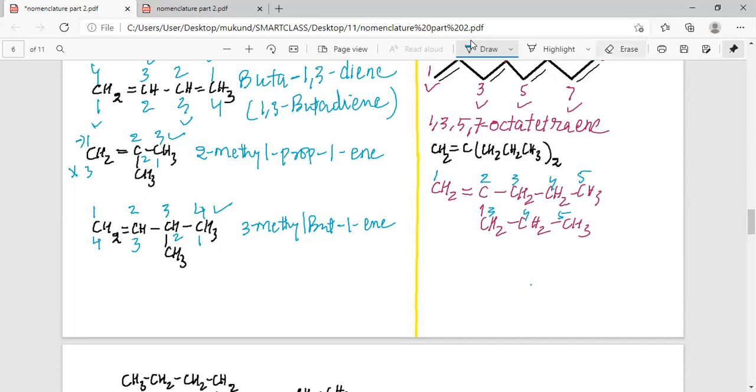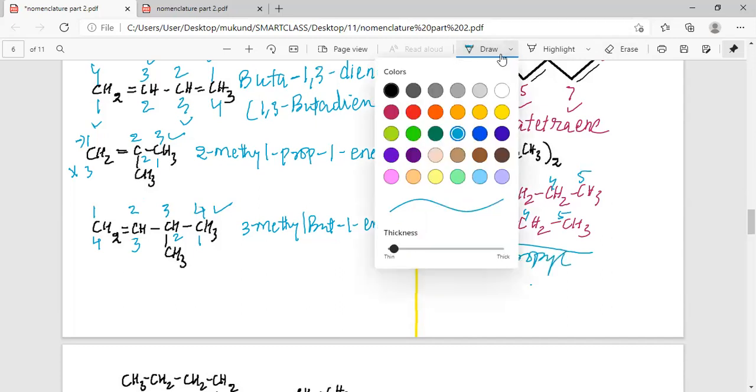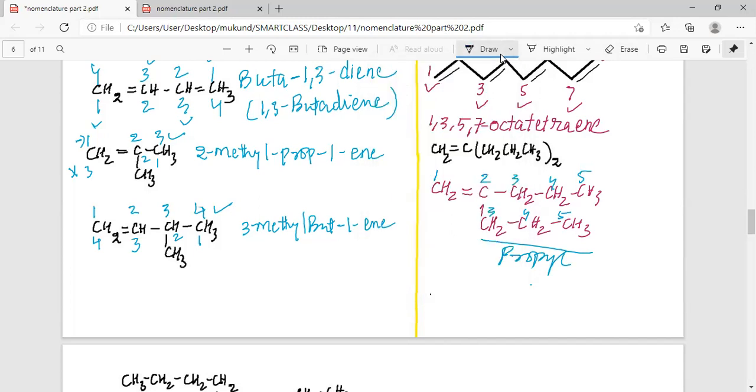But let us not consider this, and let us say this is propyl. So the final name we can write for this compound is 2-propyl, 5 carbons of pentane and 1-ene. So it's 2-propylpent-1-ene. That is how we can write the name of this compound.